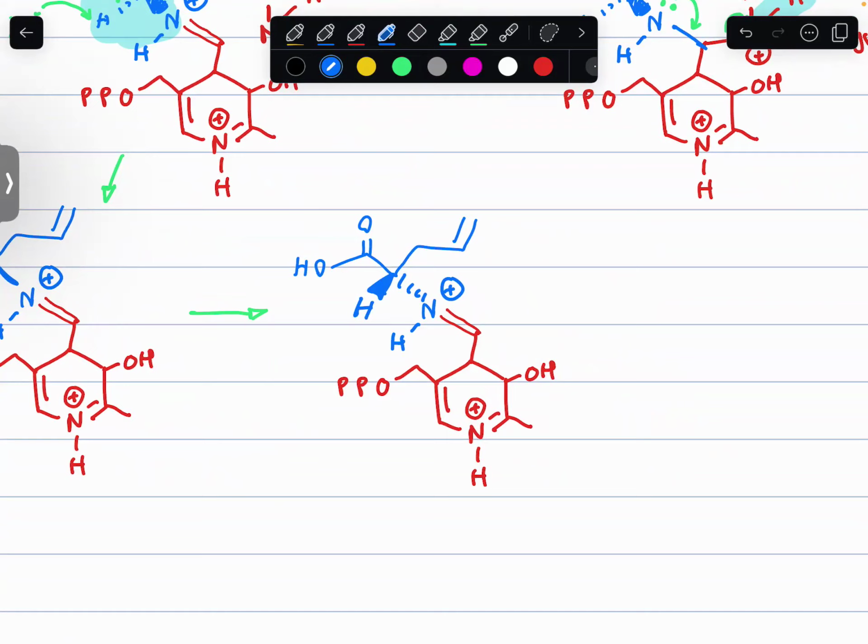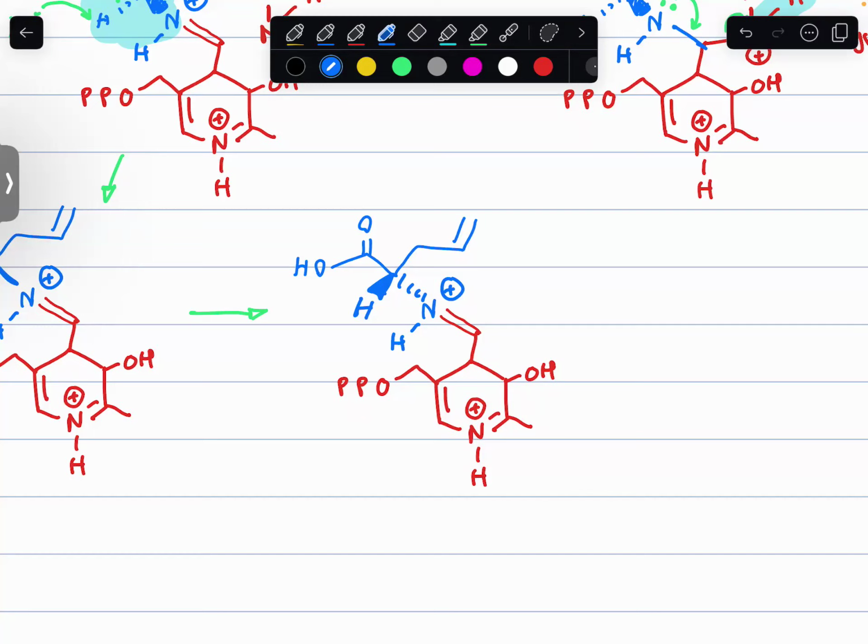Now we are going to release it from the PLP. And basically, that is just going to be a transamination going the other way. So we did a transamination to get the PLP off the enzyme and onto our amino acid. Now we're going to do another transamination to get it off the amino acid and back onto the enzyme.